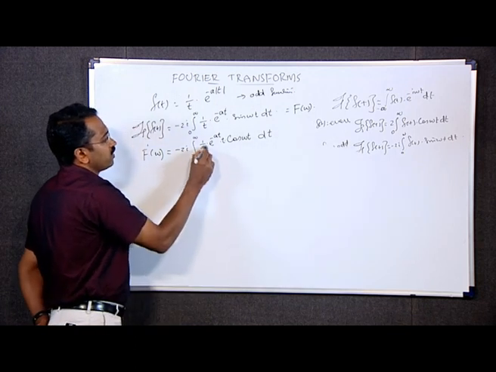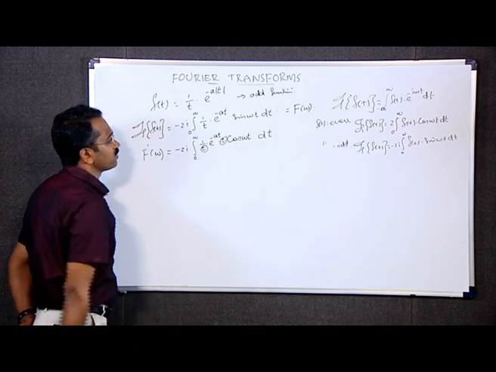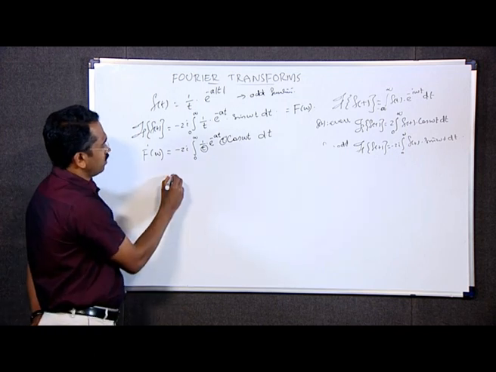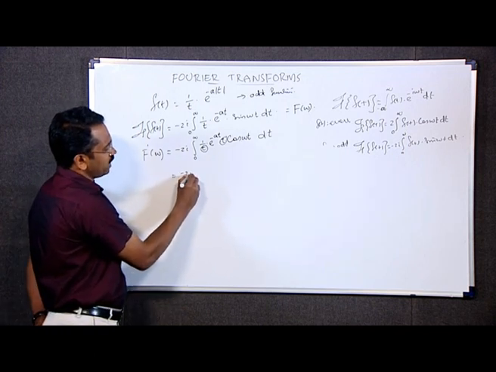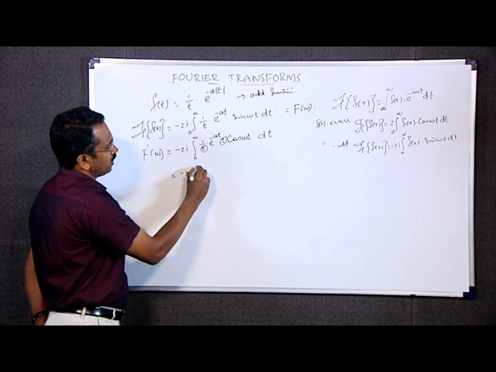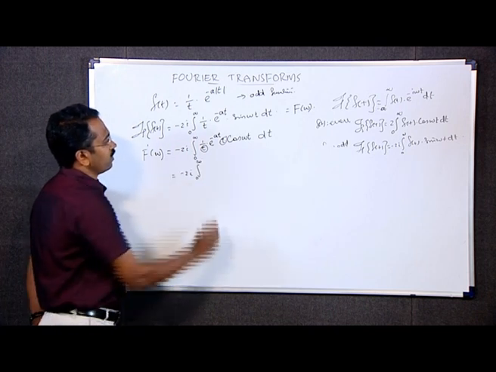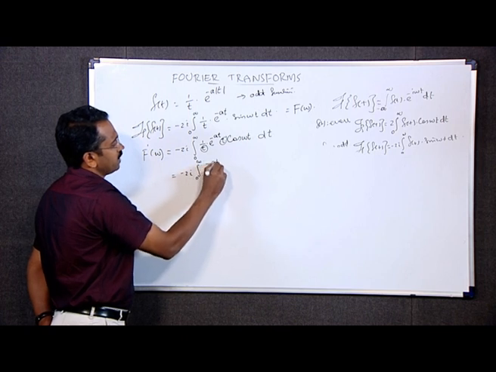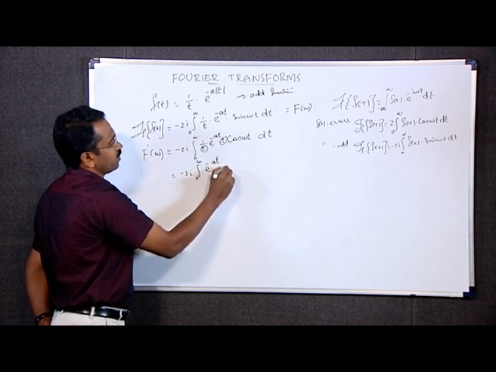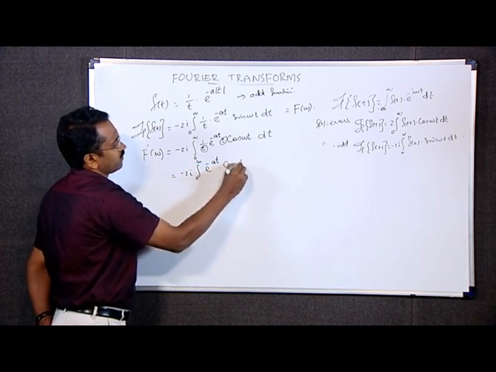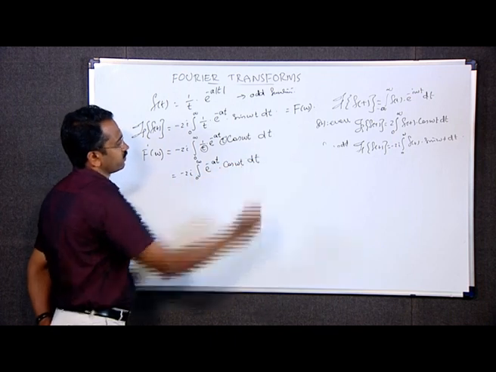This t and t will be cancelled. This is equal to minus 2i into integral from 0 to infinity e raised to minus a t cos omega t dt.